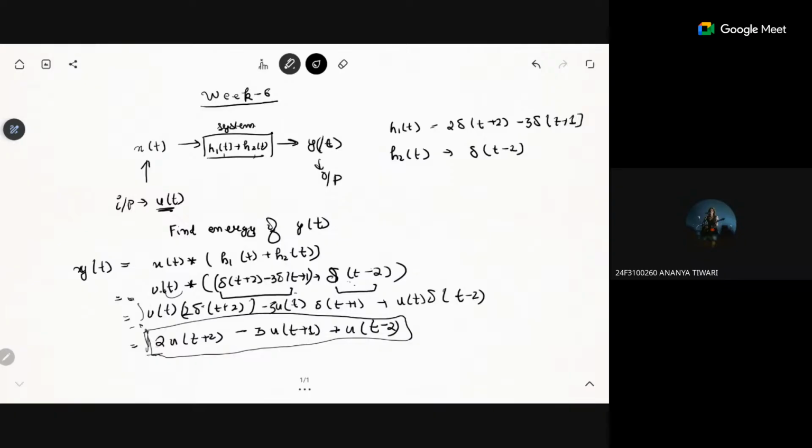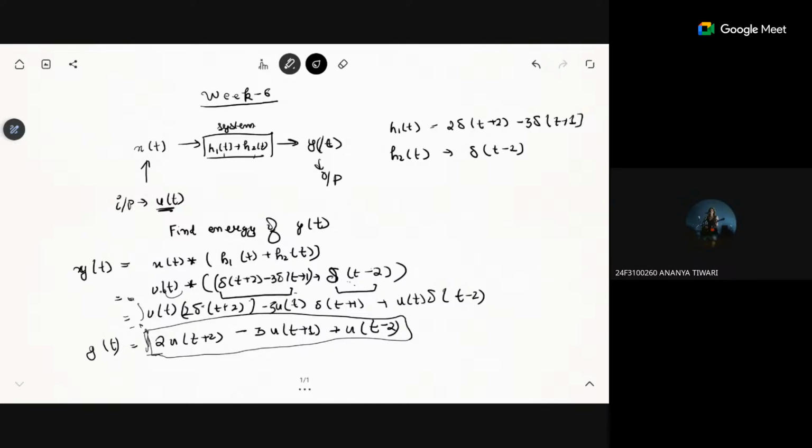So we get 2u(t plus 2) minus 3u(t plus 1) plus u(t minus 2). Now the question is you have to find the energy of this y(t). How will you find this? We can plot this in a graph and then find it.